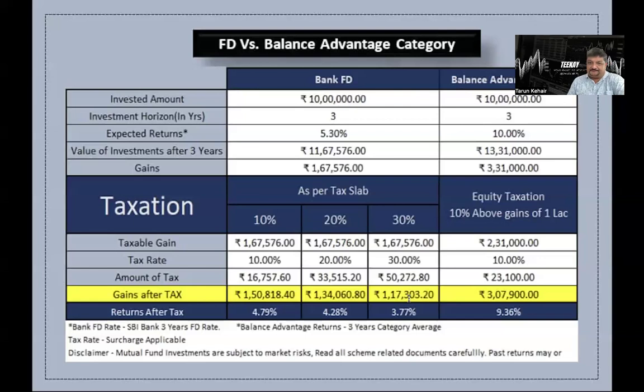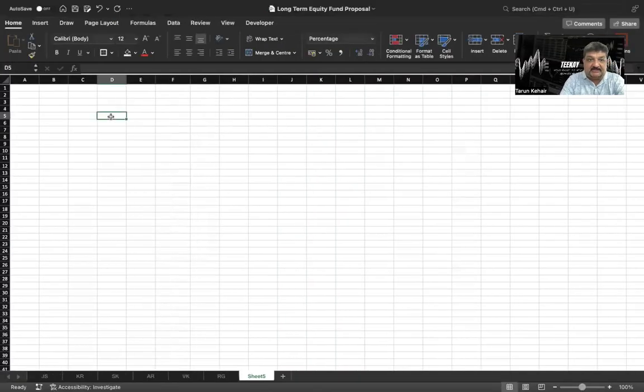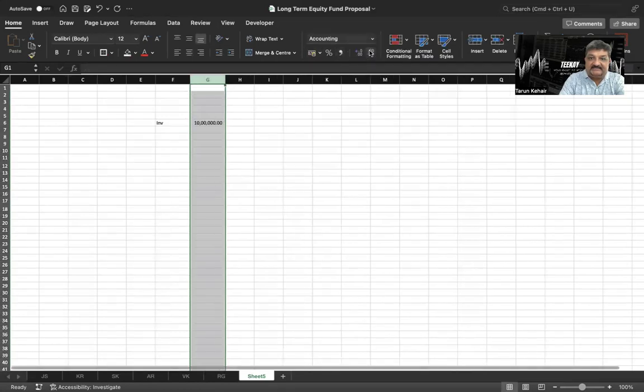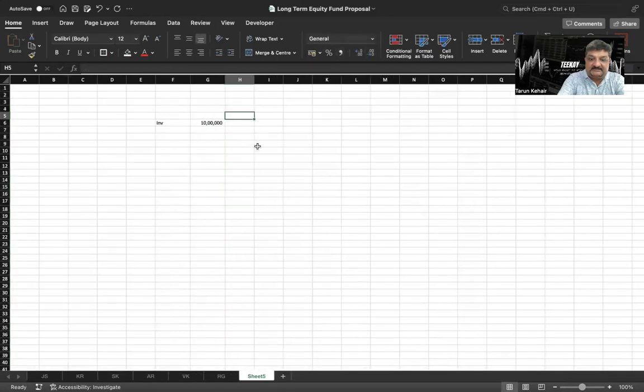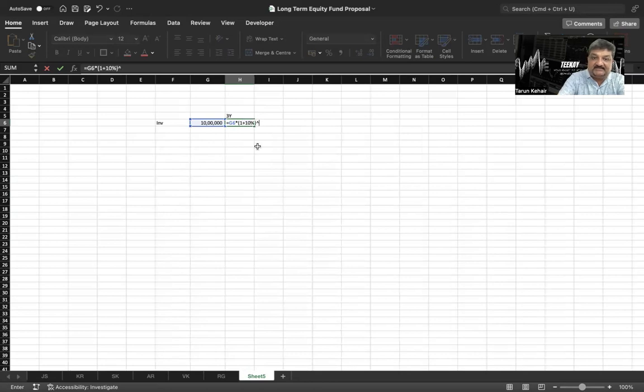Now, if you put your same money into a balanced advantage fund, let me actually do that for you. So I am looking at an investment of 10 lakh rupees. And this investment after 3 years is going to become 10 lakhs into, we have taken a conservative return estimate of 10% for the balance advantage fund.